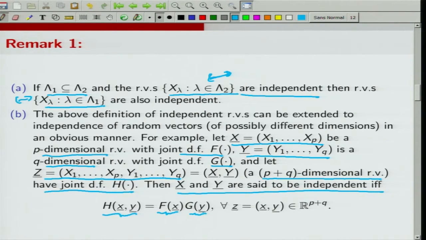So, the above definition which I gave for random variables in R1 can be easily extended to the independence of random vectors.